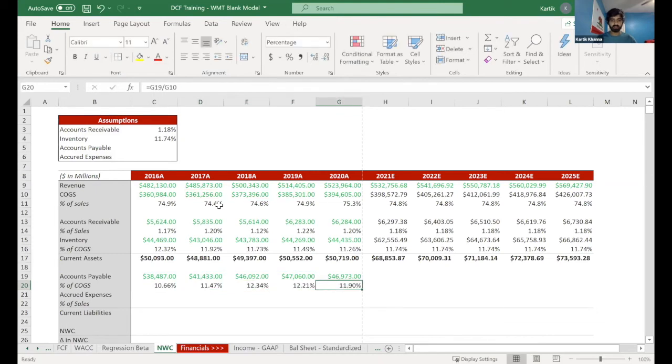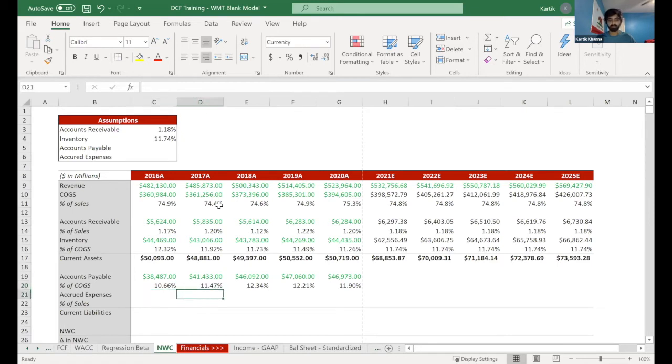And for a similar reason, just keep in mind, accounts payable and accrued expenses are very similar. But while accounts payable mainly targets suppliers for a company like Walmart, accrued expenses are more general expenses that Walmart owes but hasn't paid. So while accounts payable might be an invoice for some tennis balls that Walmart hasn't paid for yet, accrued expenses would be stuff like salaries that are still to be paid.